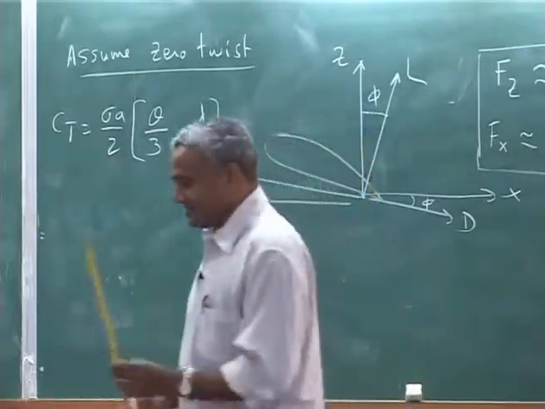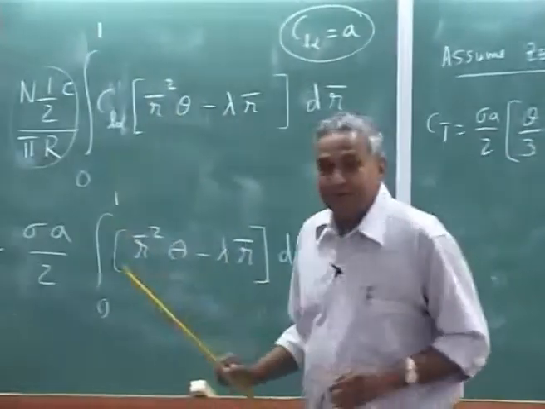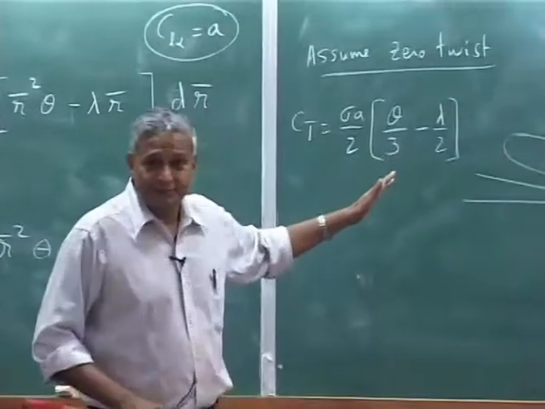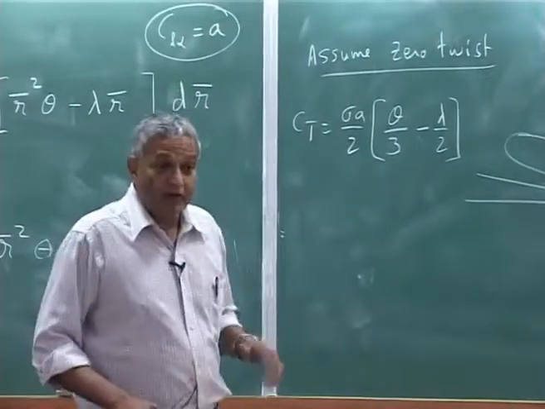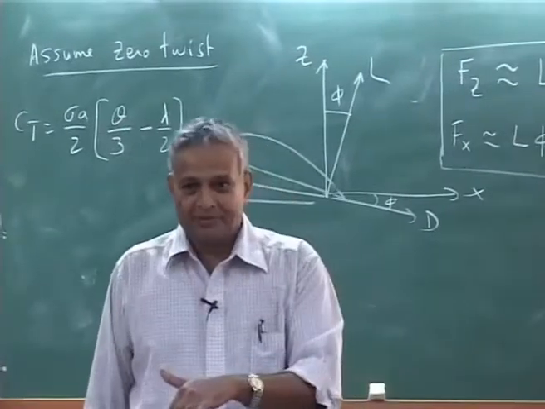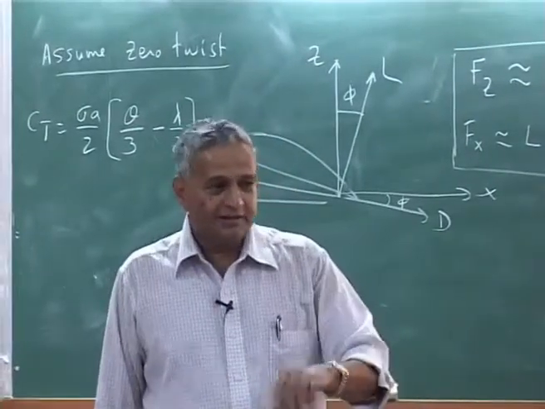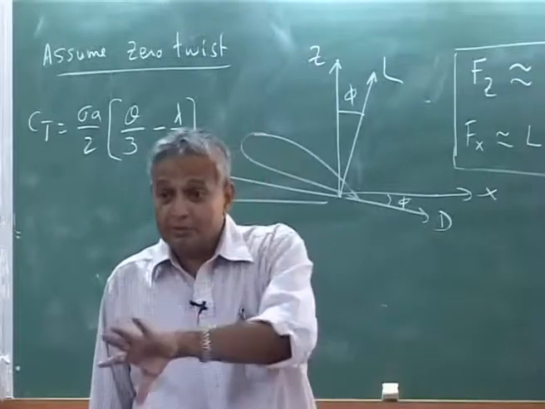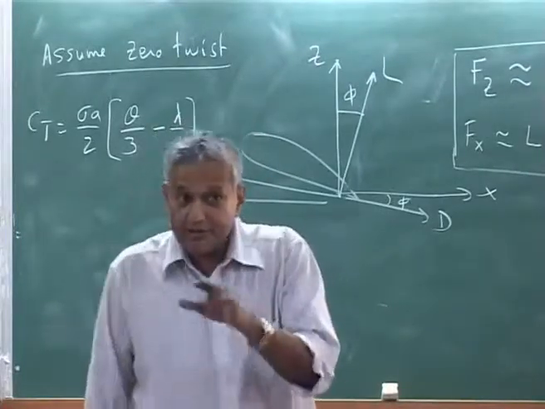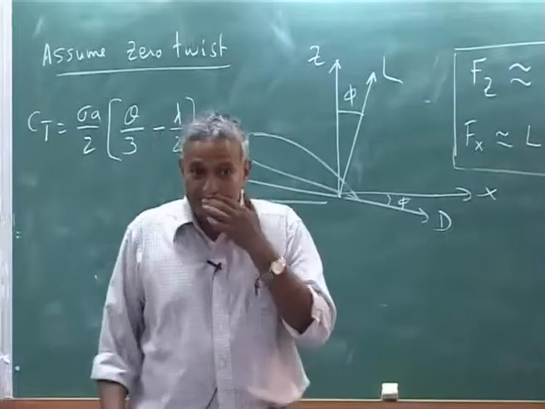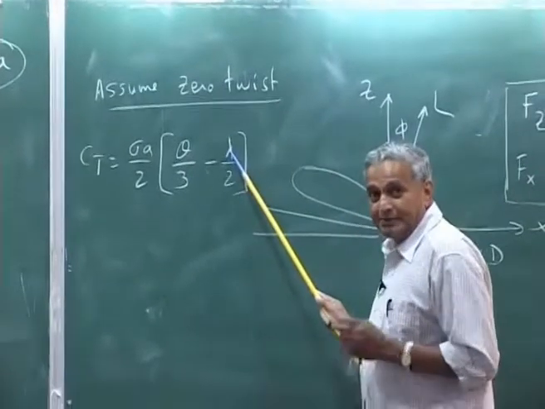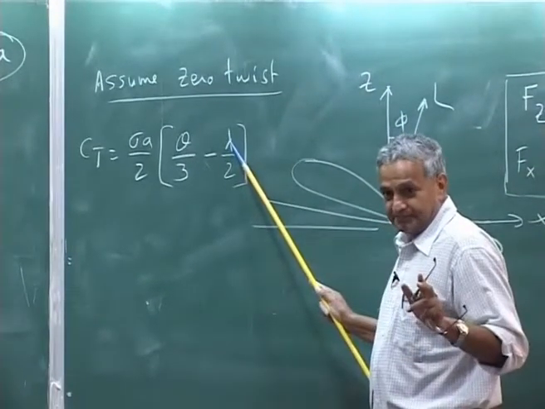So, you can write it in a form where you have a twist, then you can integrate fully. Now, why do you give twist? That is another question. But if you give twist, you vary your inflow also. It is a little different, because we still have not obtained this value, please understand.